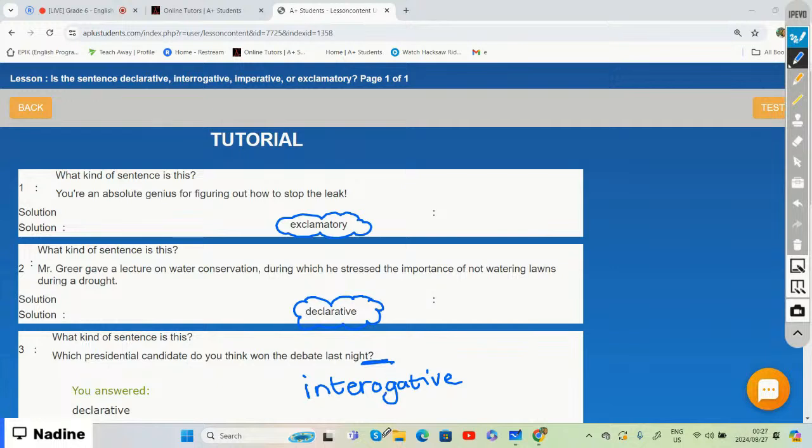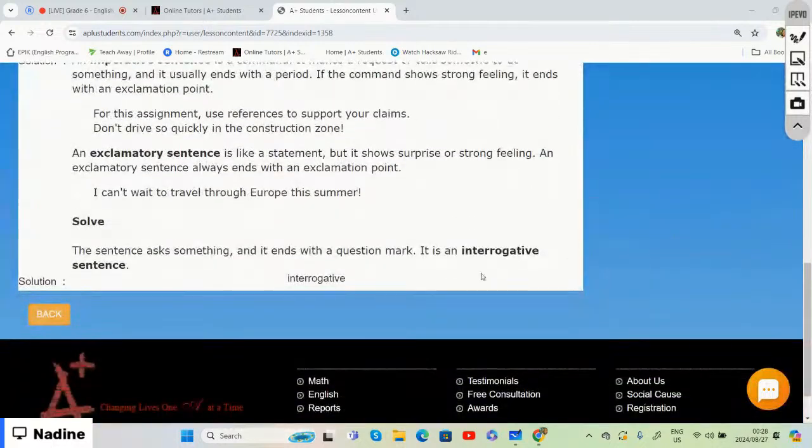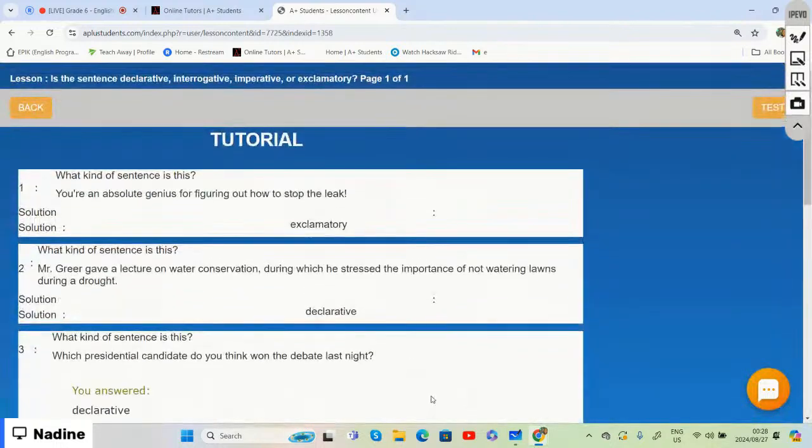Remember, we said an interrogative sentence always ends with a question mark, right? We're supposed to put a double R. An interrogative sentence is a question that is being asked and it ends with a question mark.